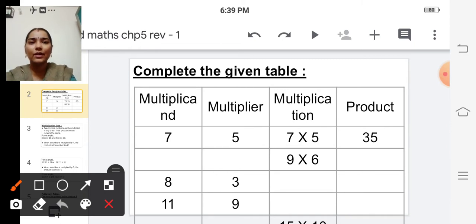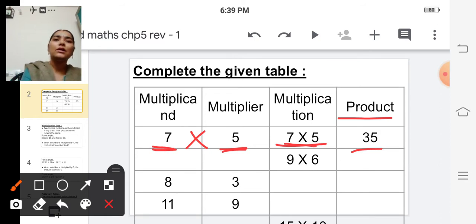For example, 7, 5. 7 is multiplicand, 5 is multiplier. And how to write multiplication? 7 into 5. And product is nothing but the answer, isn't it? So 7 5s are 35.